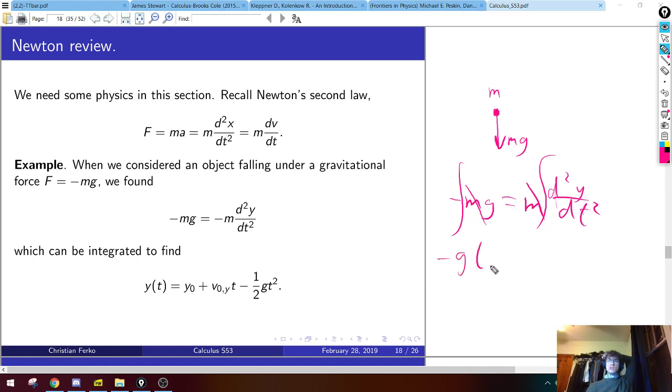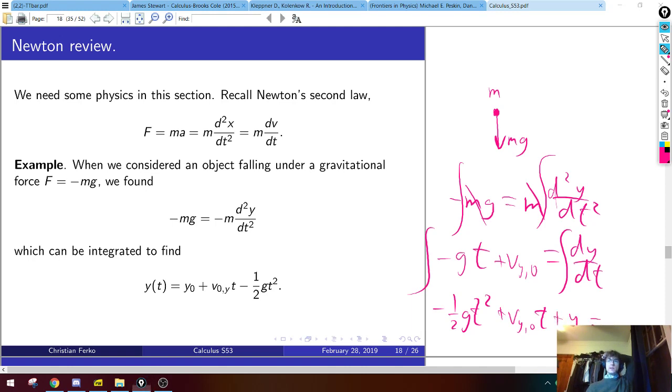Now I have minus gt plus a constant. What's the constant? It should really be the initial velocity in the y direction, that thing is dy/dt. Now I take another integral with respect to t. By the power rule, I get a minus 1/2 gt squared, plus v_y0 t, and then I have another constant, which is maybe y0, equals y.